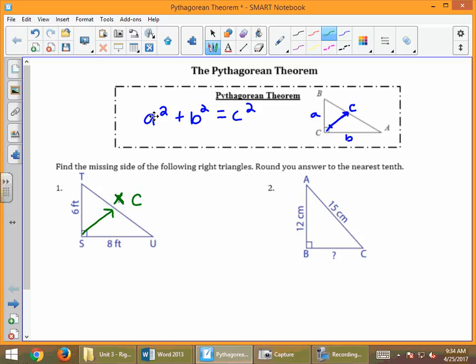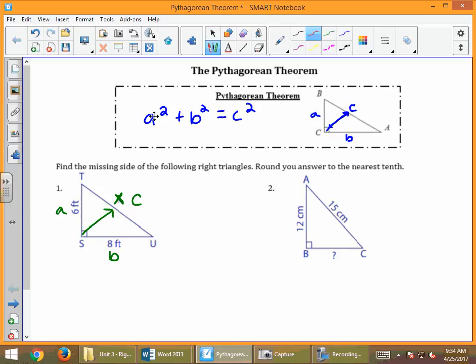That's always, always, always your C. The other two do not matter. I'm going to make 6 my A and 8 my B. You could have flip-flopped them and made 6 your B and 8 your A. That does not matter. The hypotenuse always has to be the C.